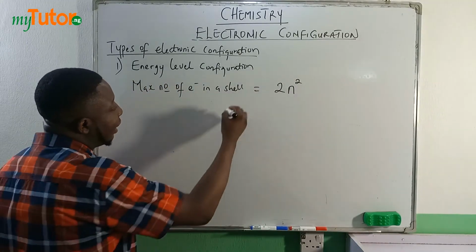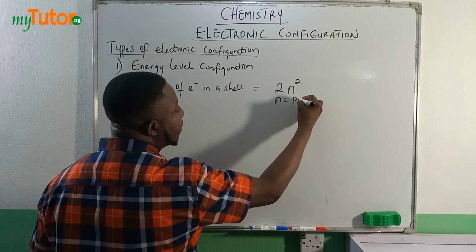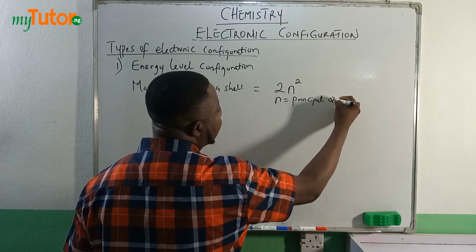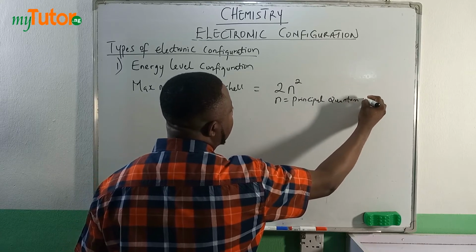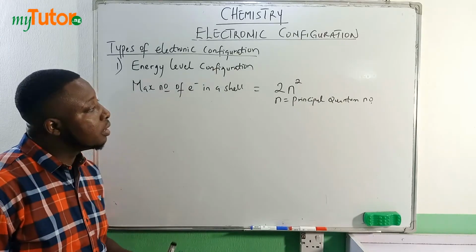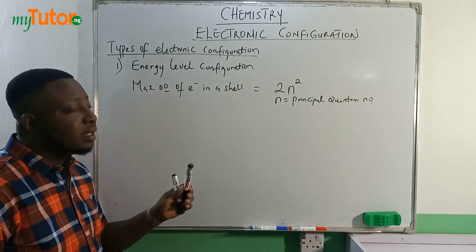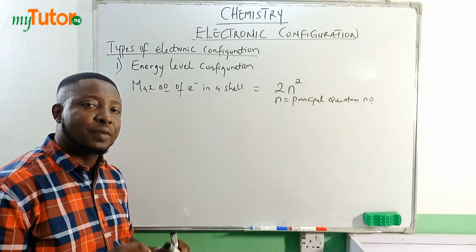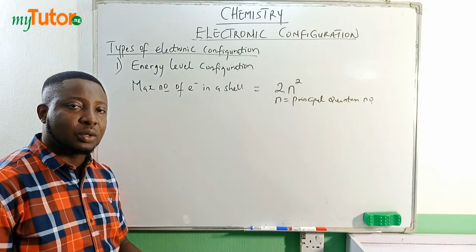Remember that n is called the principal quantum number. So n is the principal quantum number, and this formula 2n squared will help us know the maximum number of electrons that will be in a particular shell.